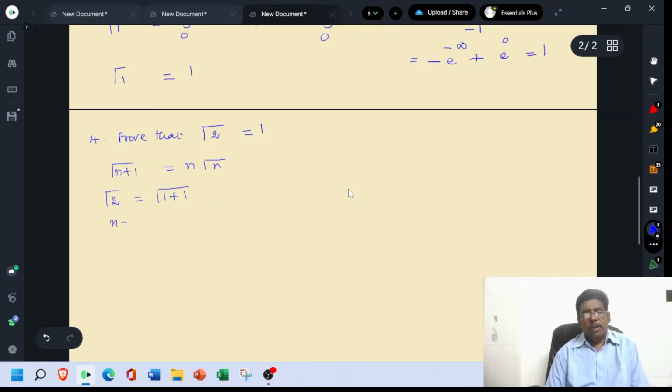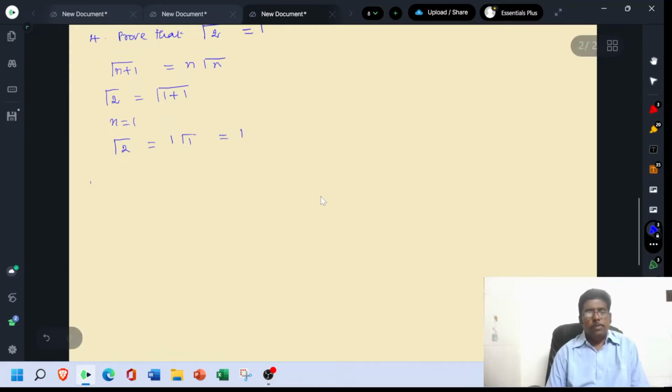Here the value of n is equal to 1. We have arranged it in the n plus 1 form. Therefore, gamma of 2 is equal to 1 gamma of 1. We know that gamma of 1 equal to 1. Therefore, gamma of 2 equal to 1.